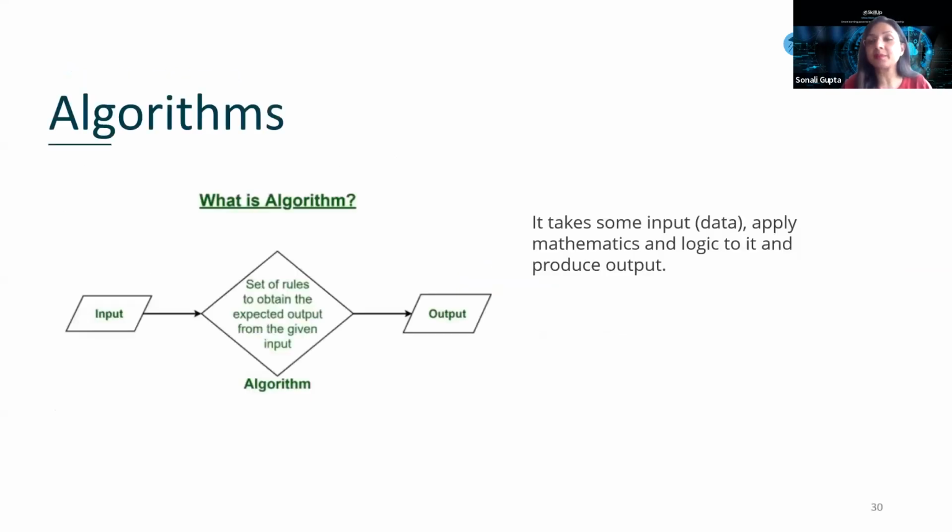And then in the course itself, you will be learning about algorithms. So what exactly are algorithms? In an algorithm, we give an input, and there is a certain set of rules which apply to that input data to produce an output. What logic exactly is being applied to the input data?